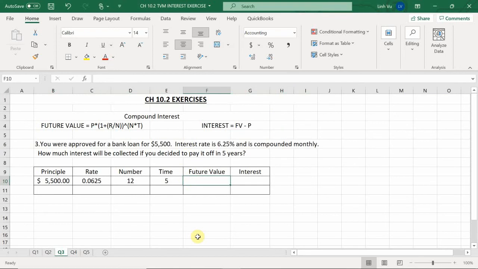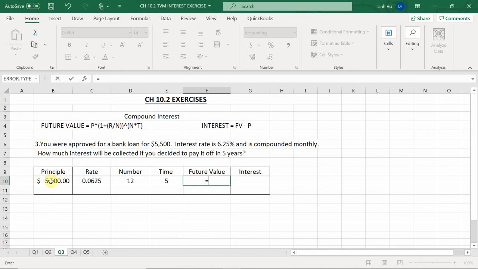And this is how I'm going to do it. I have the little example up here, but this is how I'm going to do it in real time. In order to activate your equation in Excel, you're always going to do an equal sign. First, you type in your P, or you can do cell referencing, which is what I'm going to do.